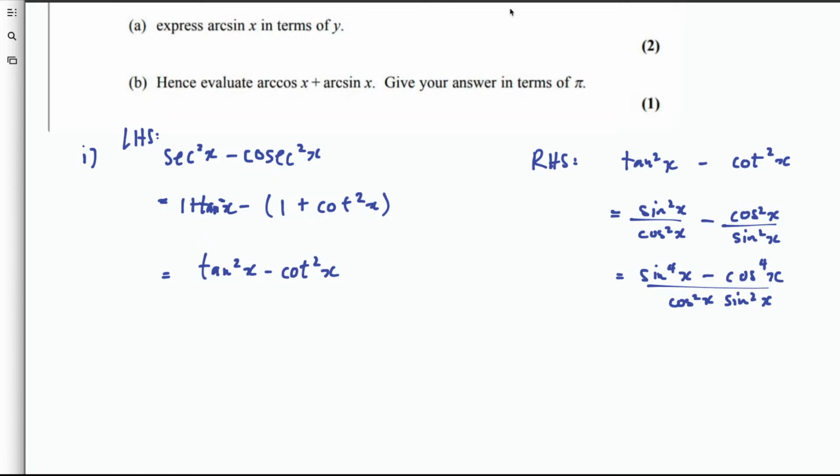So just to finish off this side, what I was going to do was completing the square. So this is sine squared x plus cosine squared x. And then you get 1 over sine squared plus cosine squared over cosine squared sine squared. And then you can expand that out.